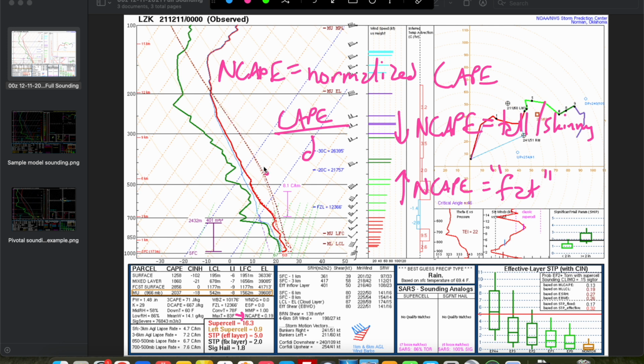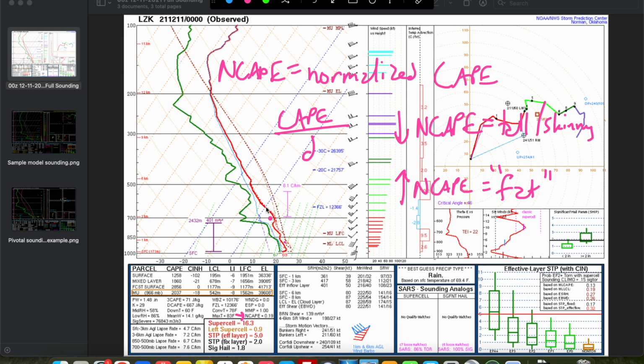Your difference between the parcel temperature and the environmental temperature is not that great throughout the environment. Even though you may have a high CAPE number, it may not be organized in a fat fashion. If you have more fat CAPE, or higher values of NCAPE, then you have more robust updrafts and parcel accelerations, upward parcel accelerations that are very fast in comparison to a tall, skinny CAPE profile.